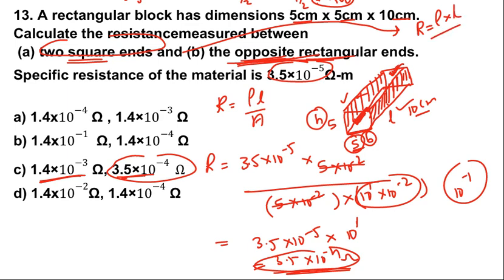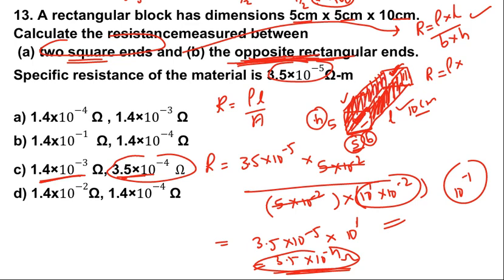A means area of this one, that is breadth into height you can write. You can simply solve this directly, but if you want to write a formula and substitute the values, you can use this. In the first case you can use this formula, and in the second case R equals rho into... opposite rectangular ends is asked, the resistance between opposite rectangular ends. So these are the opposite sides of this rectangle.